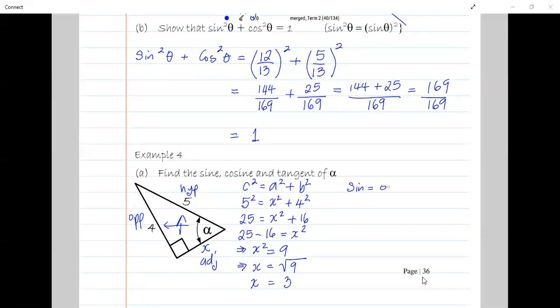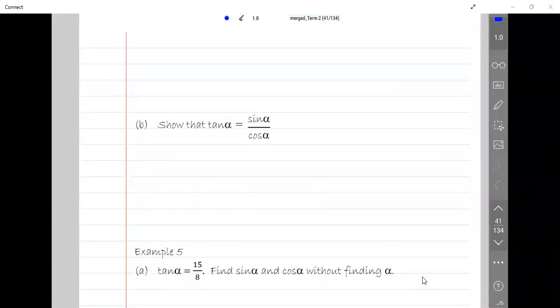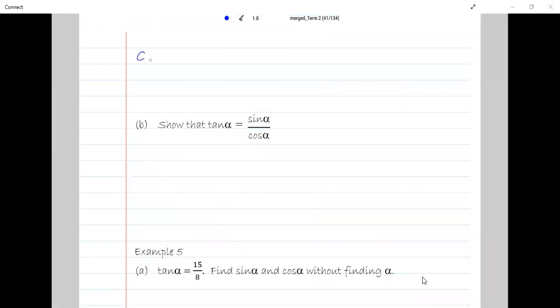So now that I know what x is, sine is opposite over hypotenuse. And so the sine of theta is opposite 4 over hypotenuse 5. Turning the page. Cosine is adjacent over hypotenuse.